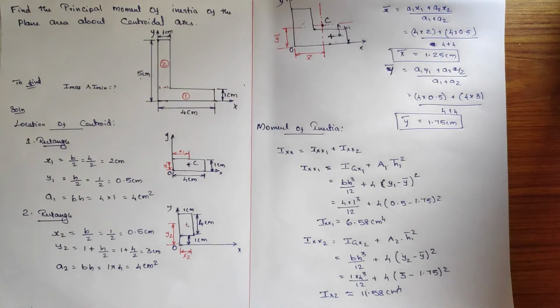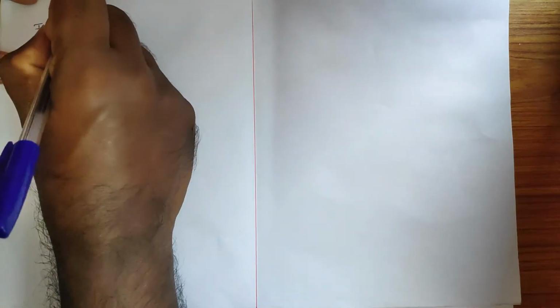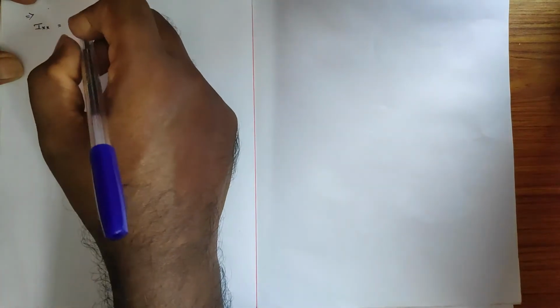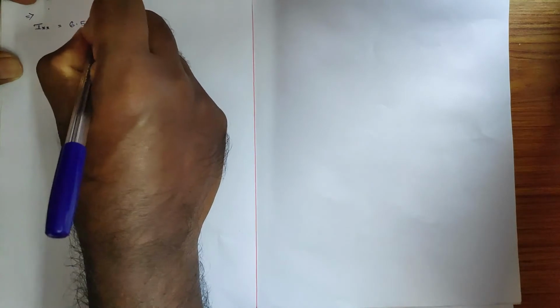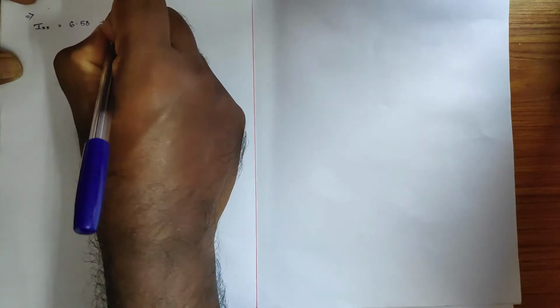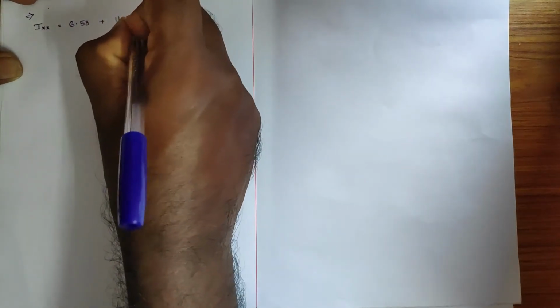So here if you add it, you will get the moment of inertia about IXX. The value is 6.58 plus 11.58.